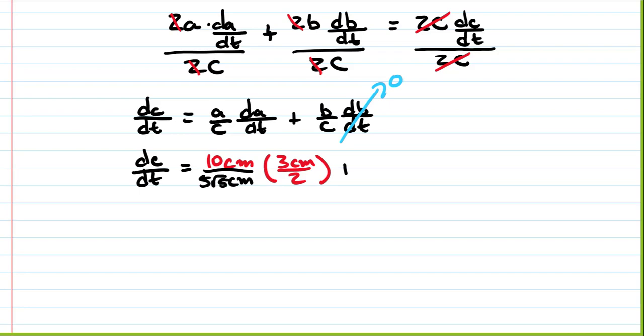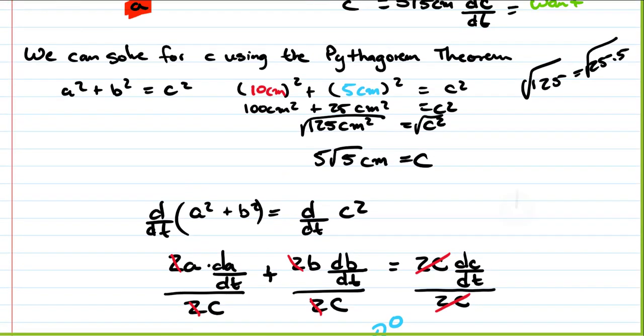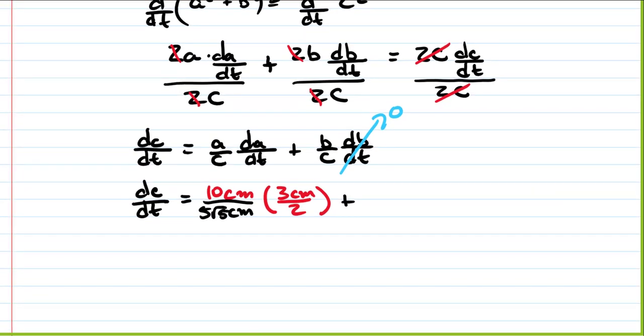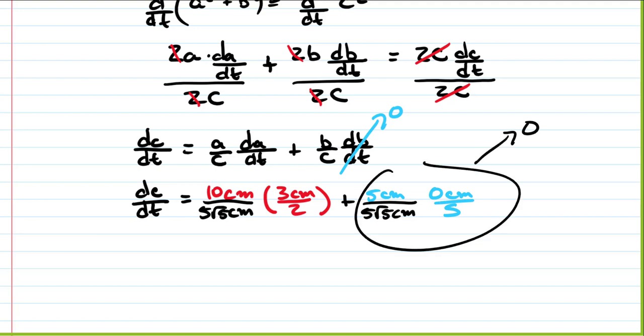As I mentioned, this really isn't going to matter, but I'll plug it in just to be complete. So B is 5 centimeters over C, which is still 5 square roots of 5 centimeters, times dB dt, which is 0 centimeters per second squared because it's constant. So as mentioned, that whole term is 0.